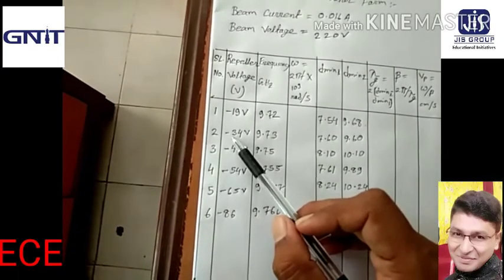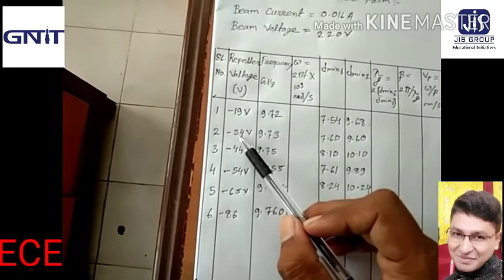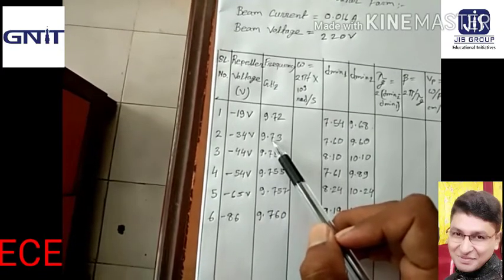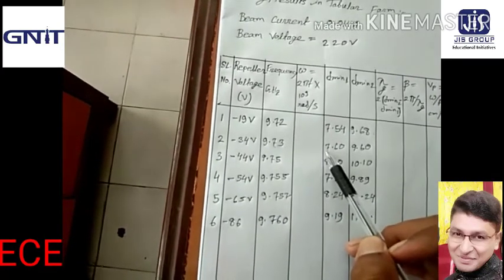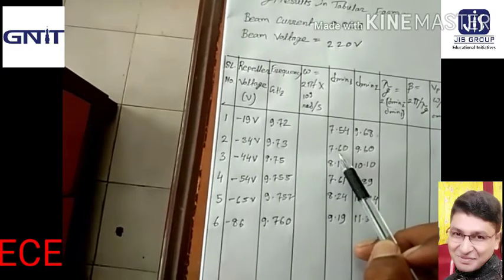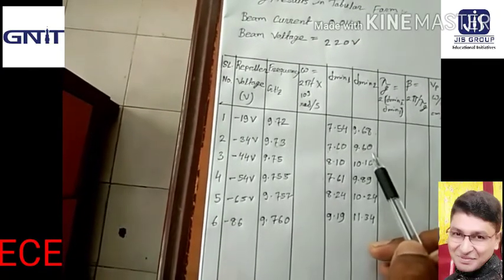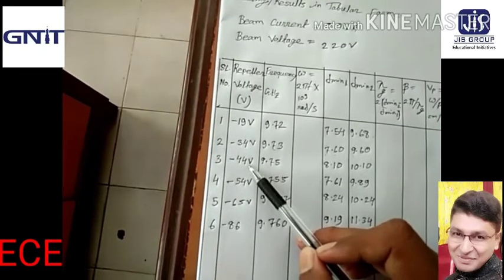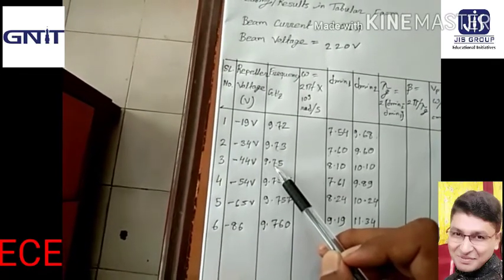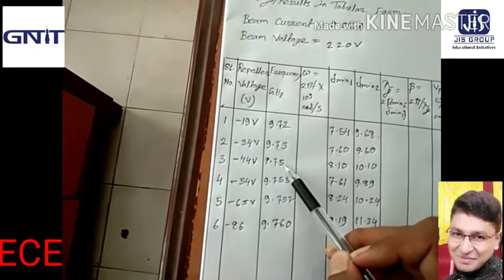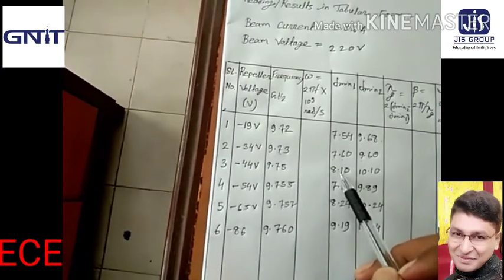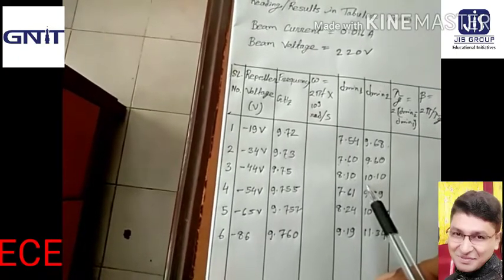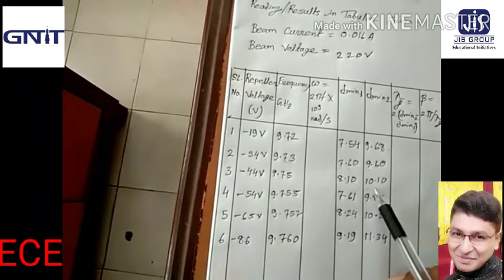Then next repeller voltage minus 34 volt, frequency 9.73 gigahertz, D min 1 7.60, D min 2 9.60. Third is minus 44 volt, frequency 9.75 gigahertz, D min 1 8.10, D min 2 10.10.